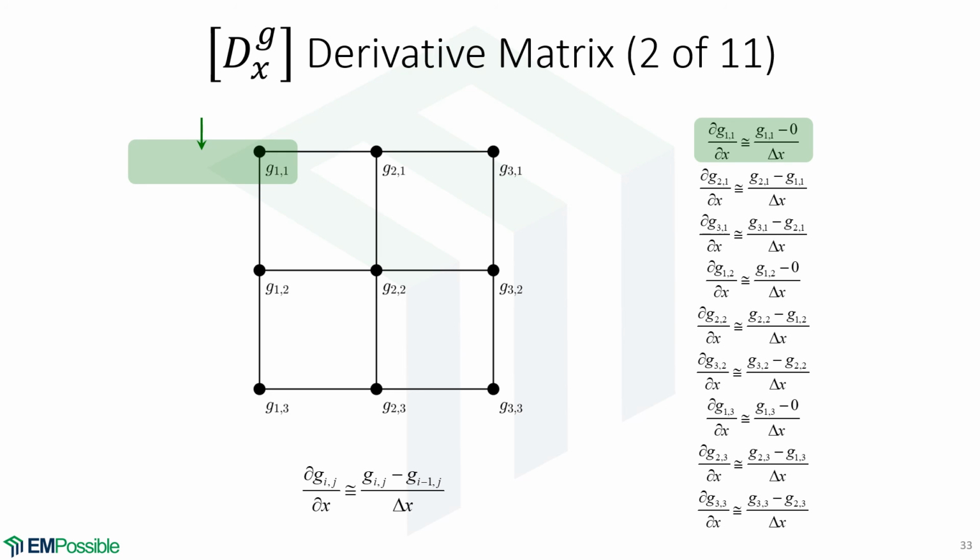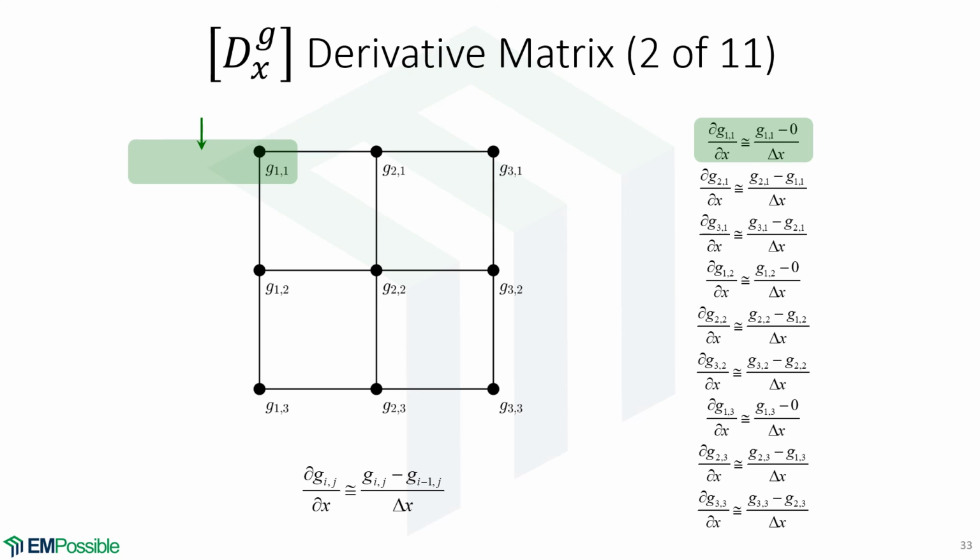For the first cell, because these are left-handed derivative matrices, we are evaluating the derivative to the left of G1. And so if we're interpreting this as a central finite difference, we need a G symmetrically on the other side of it. But that G does not exist. That is outside of the grid. This green highlight is highlighting the terms that we're using, the points that we're using to calculate the finite difference at the midpoint. But this G, I guess it would be a 0, 1, but that doesn't exist.